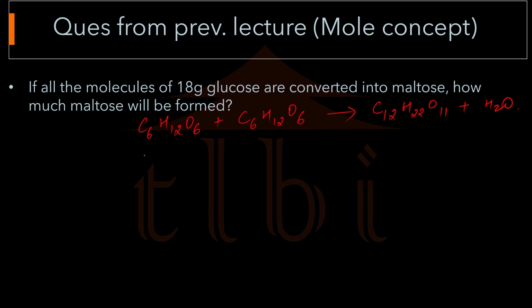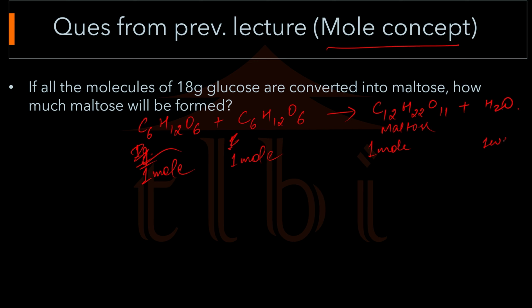So we have seen from the stoichiometry itself, if you don't know about stoichiometry, again watch this chapter, 2 moles of glucose form 1 mole of maltose and 1 mole of water, right?